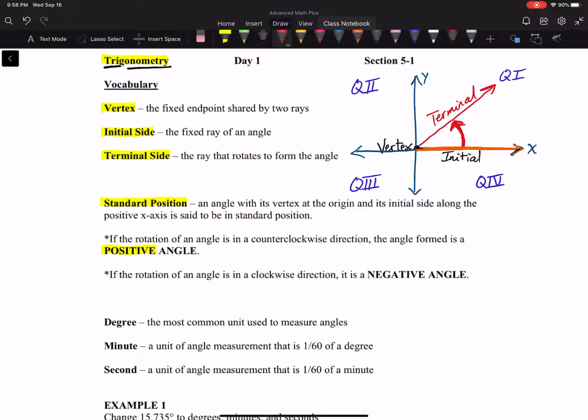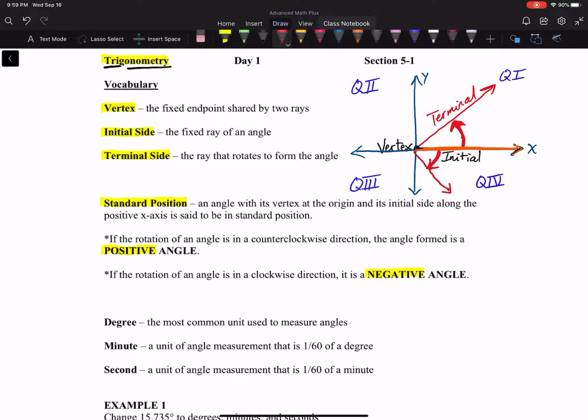You can also think about it as it's going up, so it's going to be a positive angle. If the angle goes down, like so, it is considered to be a negative angle. So it's a negative angle when it rotates clockwise. It is a positive angle when it rotates counterclockwise.